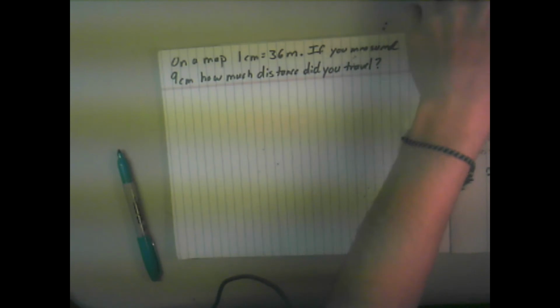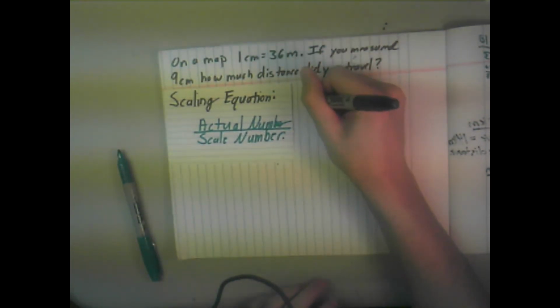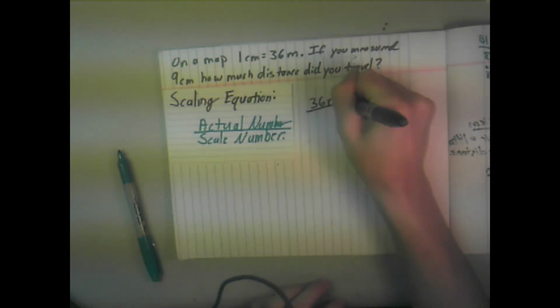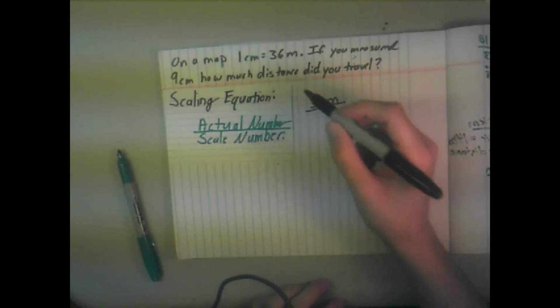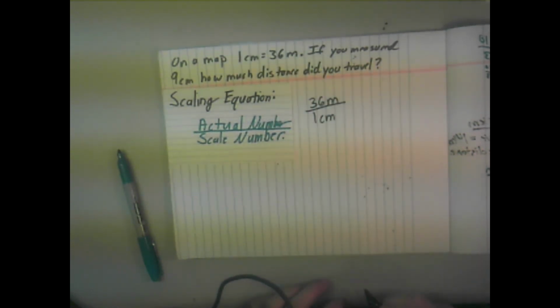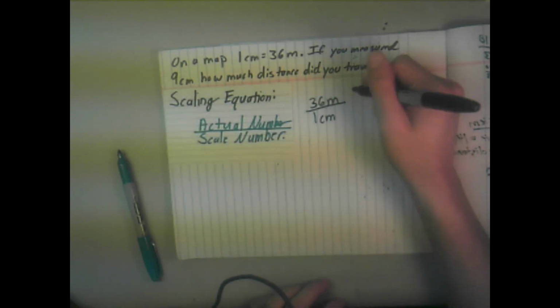So now we can use, again, our scaling equation here. So we know the actual number that we traveled was 36 meters. Well, how many for the scale? Well, 1 centimeter.